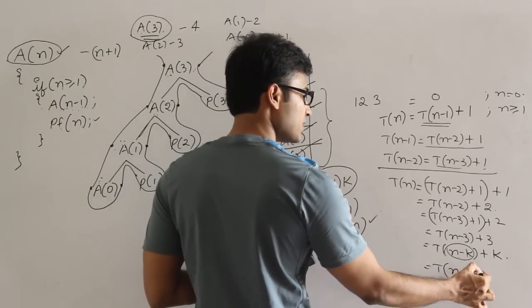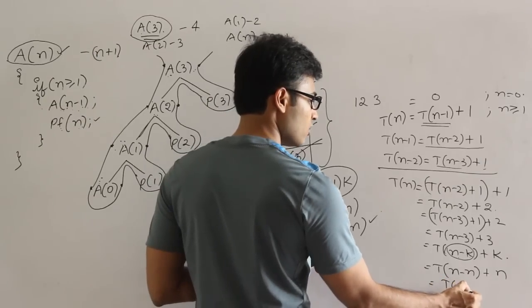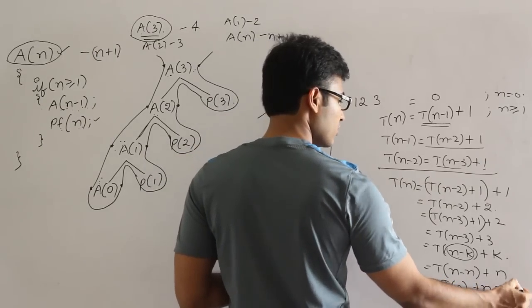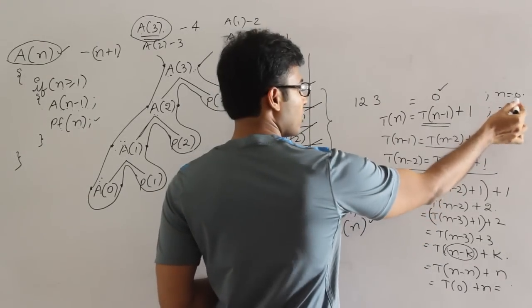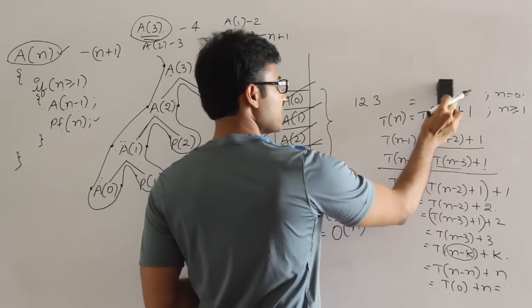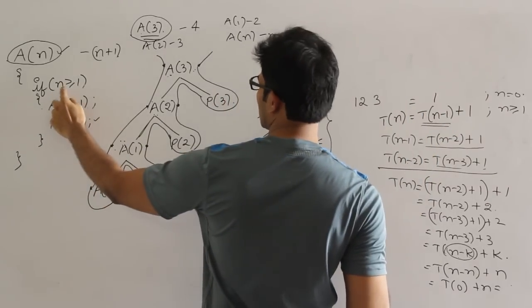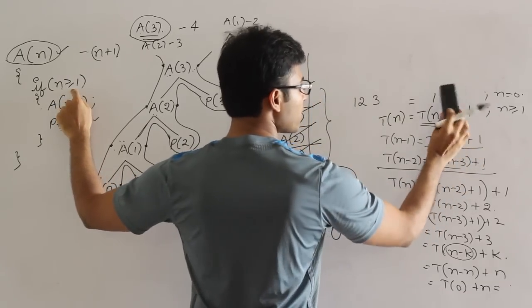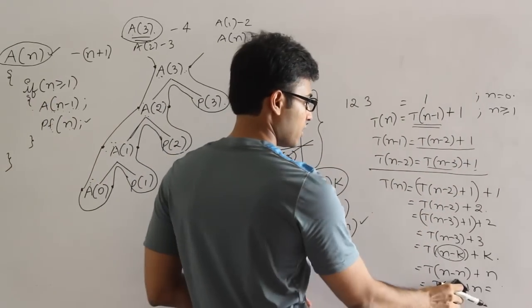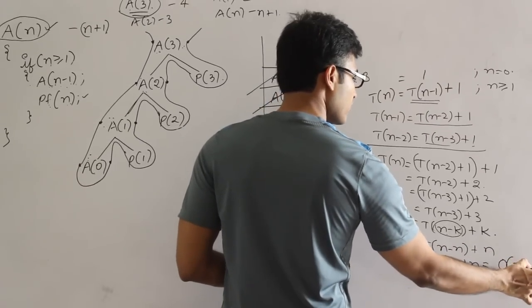T of n minus n plus n, that equals T of 0 plus n. Let us say instead of 0, it is going to be 1. The reason is you have to check if n is greater than or equal to 1. At least for this comparison, you are going to take one time. Therefore, let me write T of 0 equals 1. So it is order of n.